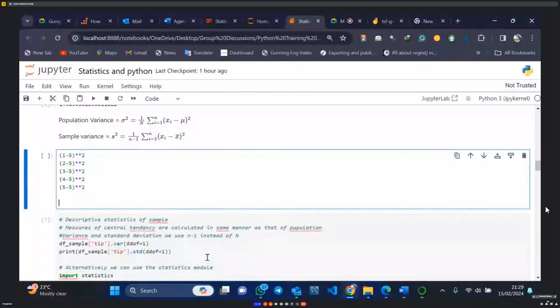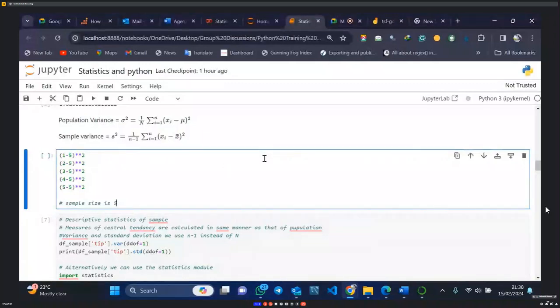That is what the summation from i equals 1 to n means: you sum all of the terms you've typed here.